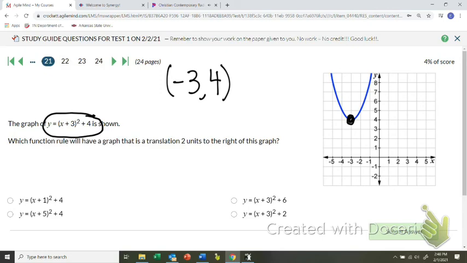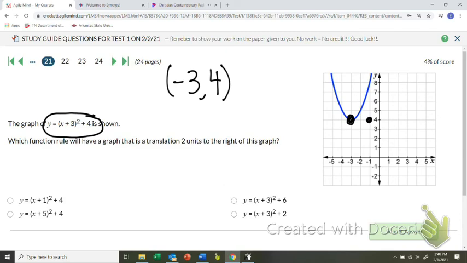So it says, which function rule will have a graph that is a translation 2 units to the right? Does it say anything about going up or down? No, so we don't touch that y point. We only touch the x. 2 units to the right, it will be where? It'll be right here in -1, 4.